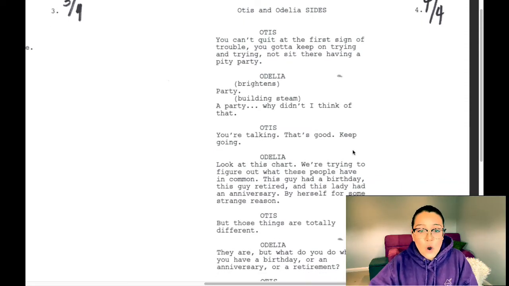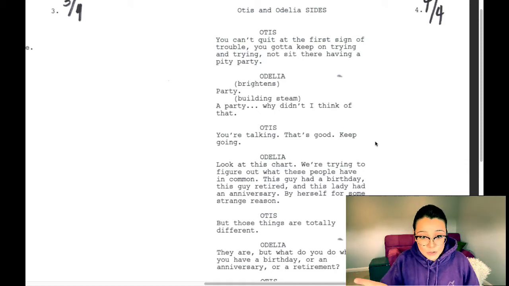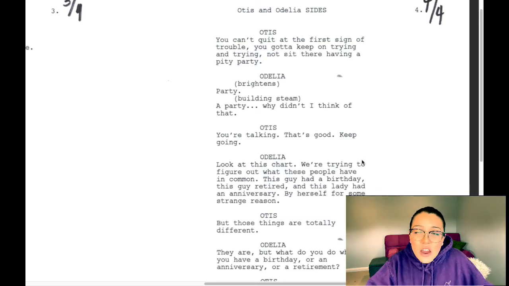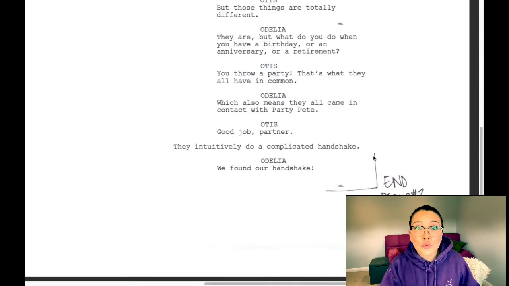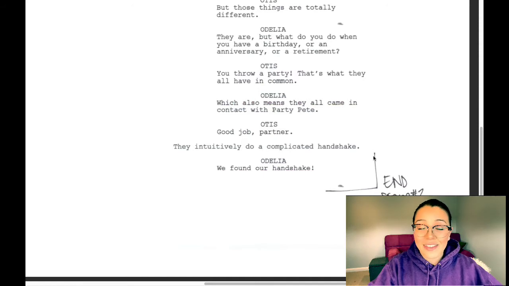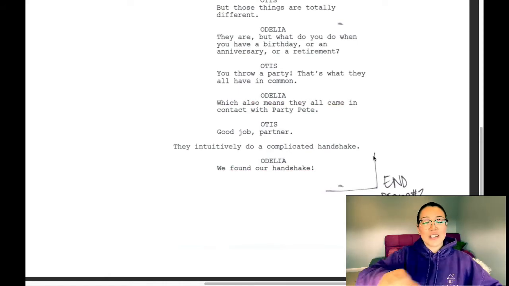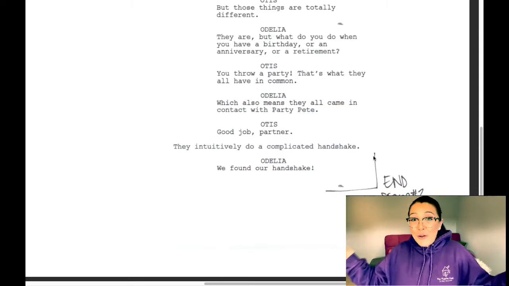We're trying to figure out what these people have in common. This guy had a birthday, this guy retired, this lady had an anniversary by herself for some strange reason. But those things are totally different. They are, but what do you do when you have a birthday or an anniversary or a retirement? You throw a party. That's what they all have in common, which also means they all came into contact with Party Pete. Good job, partner. They intuitively do a complicated handshake. We found our handshake.